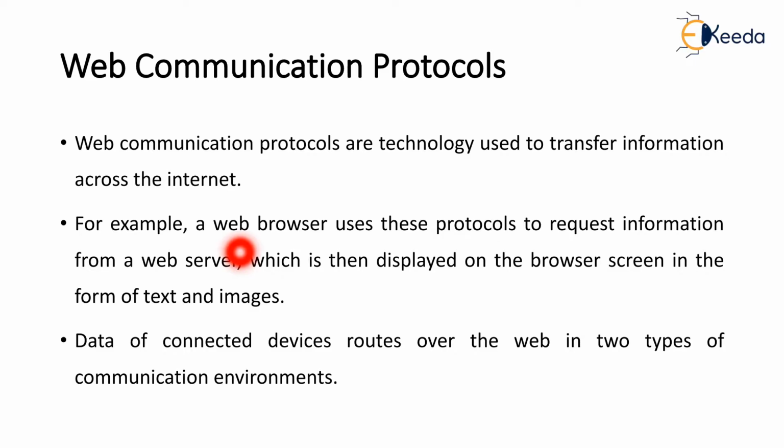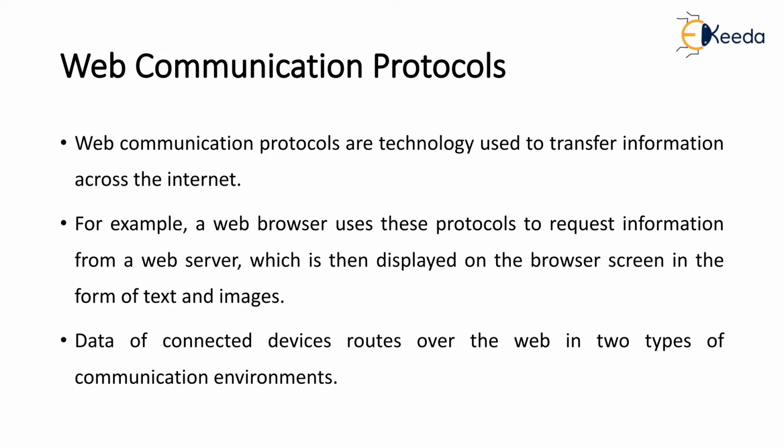For example, a web browser uses the protocols to request information from the web server, which is then displayed on the browser screen in the form of text and messages. If you are going to search, for example, you type www.google.com. In that, the client, which is the customer, sends the request to the server.